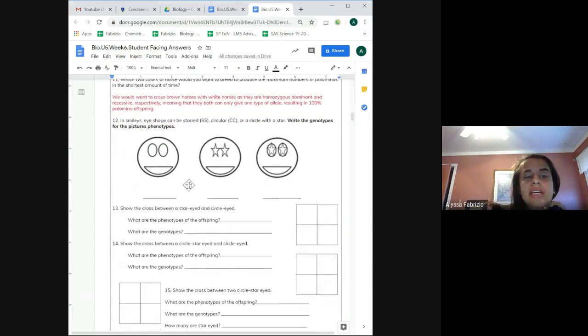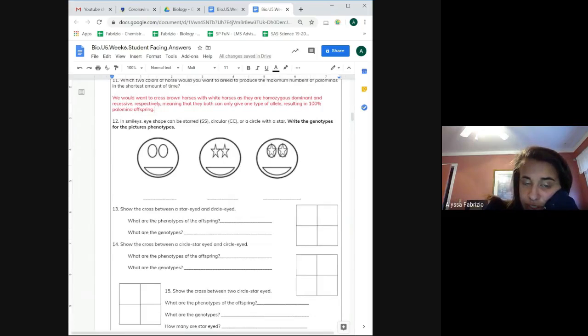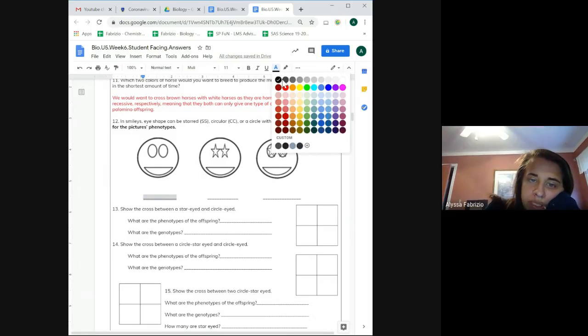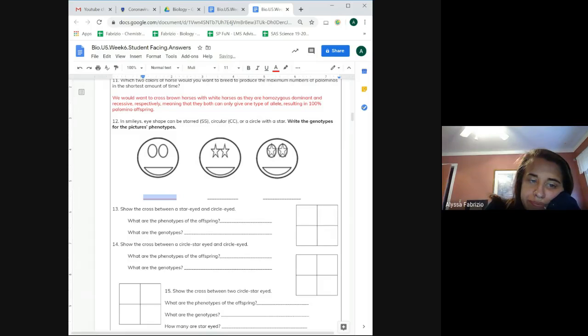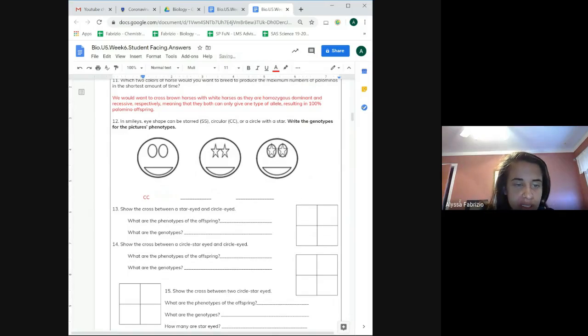In Smiley's, eye shape can be starred, which is large S, circle, which is large C, or a circle with the star. Write the genotypes for the picture's phenotypes. So when we have a circle guy, we have two C's.